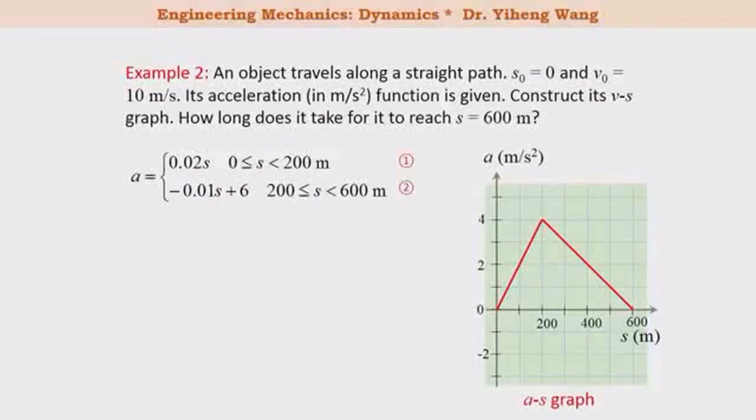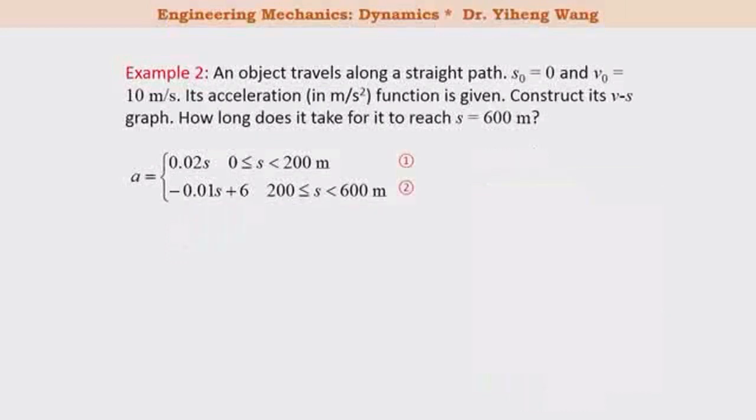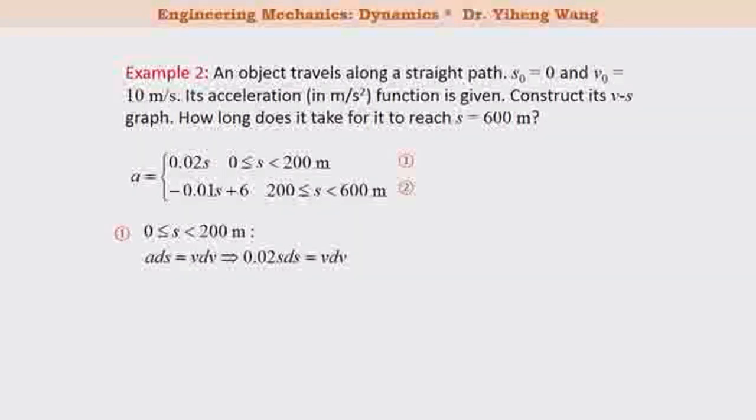For that, we need to use this equation, a ds equals v dv, since we have the a-s relation and we need to find velocity. So for the first period, between position 0 and 200 meters, we substitute in the acceleration equation that a equals 0.02 s and integrate both sides.